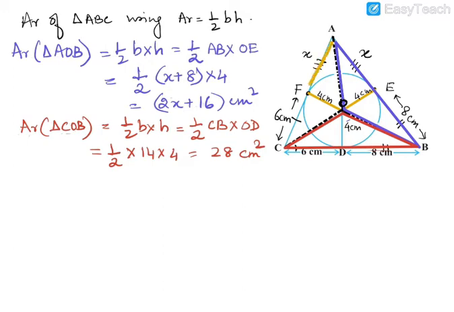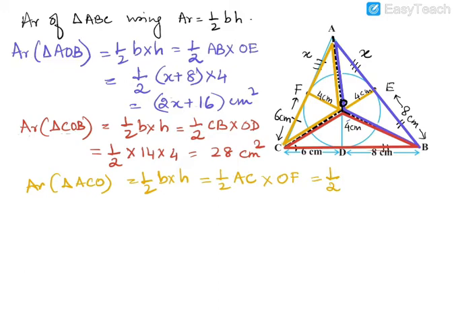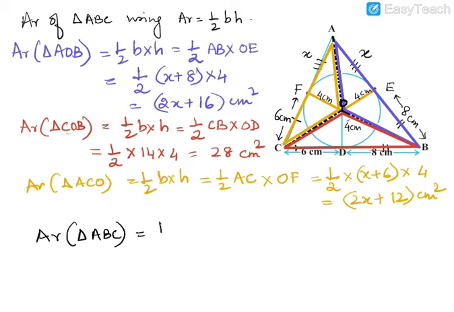Now we will find the area of triangle ACO. Base of this triangle is AC and the height is OF. So on substituting, we get half in brackets x plus 6 into 4. On simplifying, this will be 2x plus 12 centimeters square. So area of triangle ABC is equal to the sum of the areas of these three triangles.